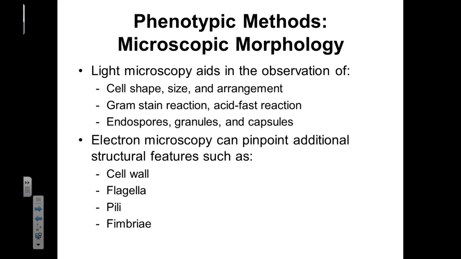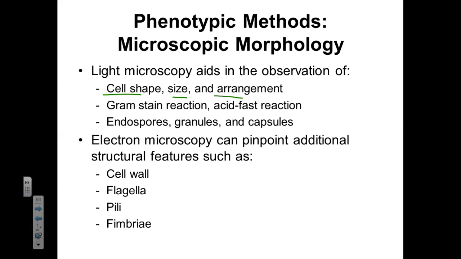Obviously, light microscopy is a bread and butter technique for identification within the laboratory. The light microscopes represent a relatively low cost investment and are still going to be excellent for giving us just basic morphologies like our cell size, shape, and arrangement. Light microscope can tell you the difference between a staphylococcus and a streptococcus, and that test costs almost nothing.